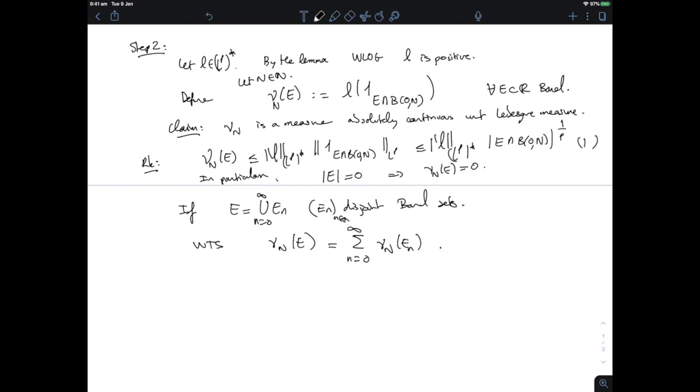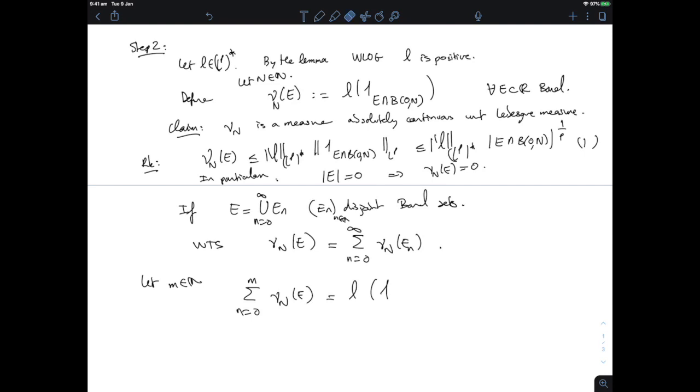First of all, we show that if I give myself an m in N, the sum from n equals 0 to m of nu n of E_n is bounded. So I'm going to show one inequality. What can I say about this? This is L of the indicator function.